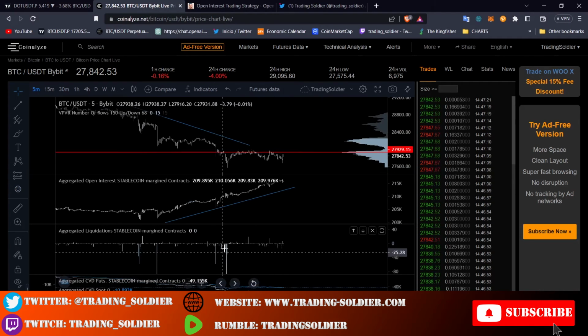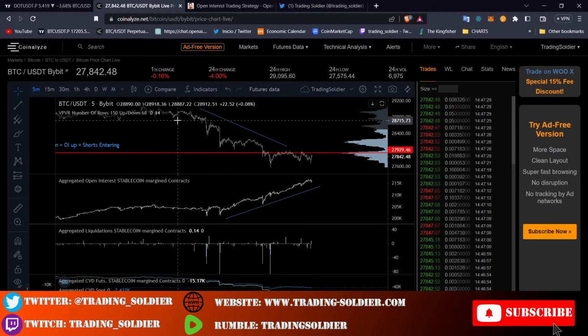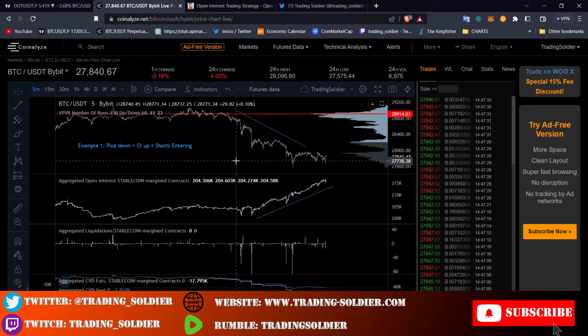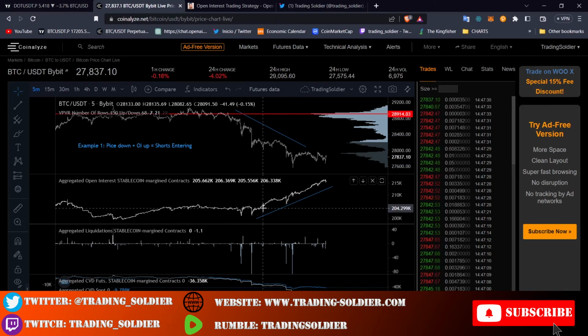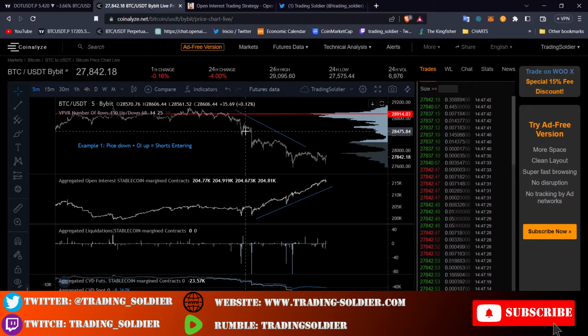Here you see the blue lines pointing to the downside. There are longs that are getting liquidated by this downside move, and also the traders, as is normal, want to make profit on these moves of Bitcoin, so they are increasing their short positioning to buy the contracts and sell them later.